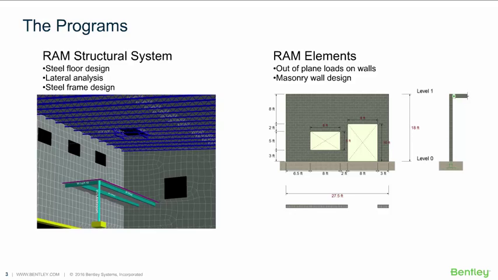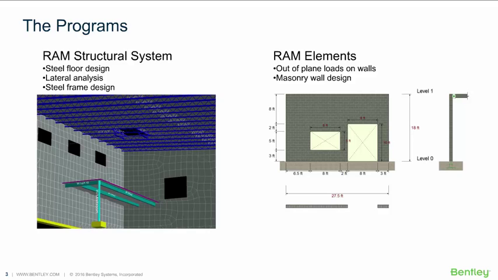And the third reason that we wanted to talk about it is that the ideal workflow for this building is one that involves 2 different products, RAM Structural System and RAM Elements, whereas we use the strengths of each of these programs together, and we want to cover the best practices here.